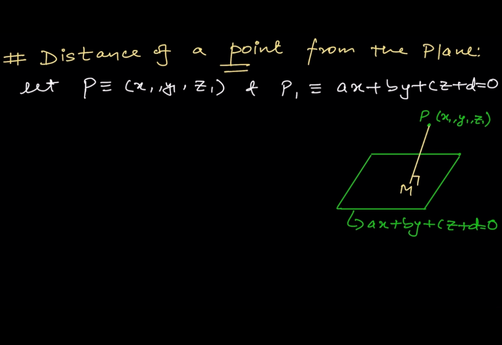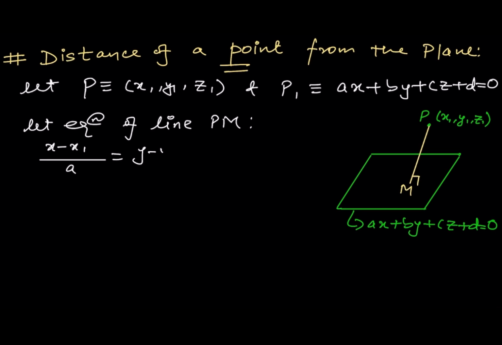So for this, let the equation of line PM be (x minus x1) upon a is equal to (y minus y1) upon b is equal to (z minus z1) upon c is equal to say k, right?